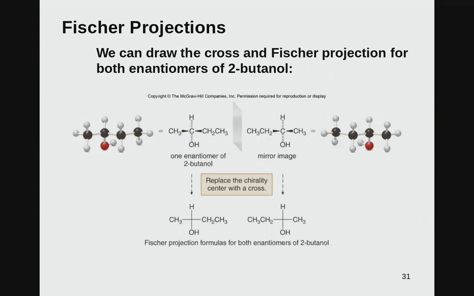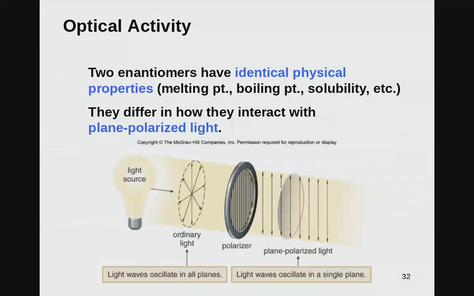Things we know, like as we increase the amount of carbons, boiling points and melting points change. As we add alcohols or thiols, it changes the boiling points as well. So same physical properties, melting point, and so on and so forth. But they differ in how they interact with plane polarized light. If you have ever taken physics before, you'll know light is a crazy thing.